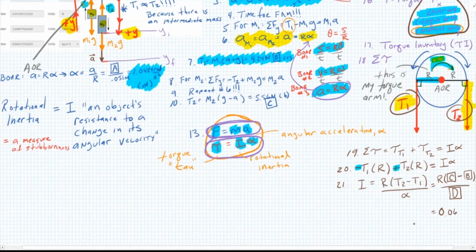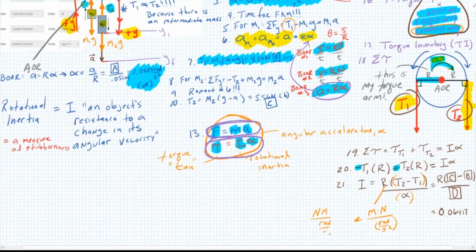I'm going to do a quick dimensional analysis. Units for R, meters. Units for torque, newton meters. Units for alpha, radians per second squared. So from a dimensional analysis, what the heck is a newton meter over radians per second squared?